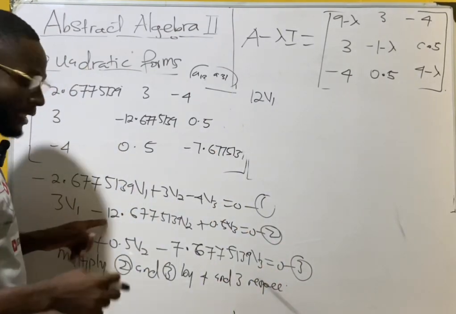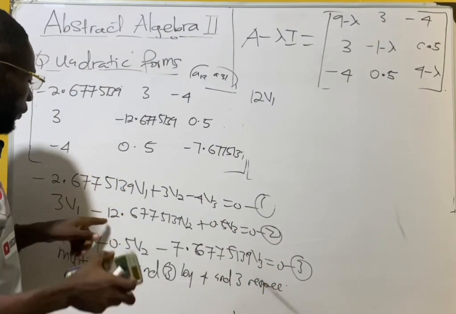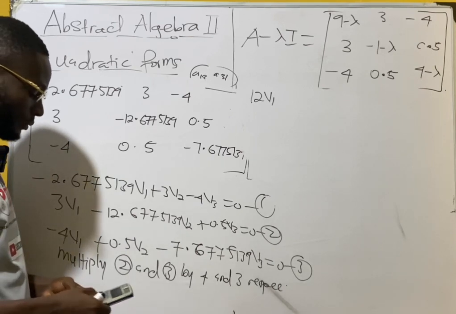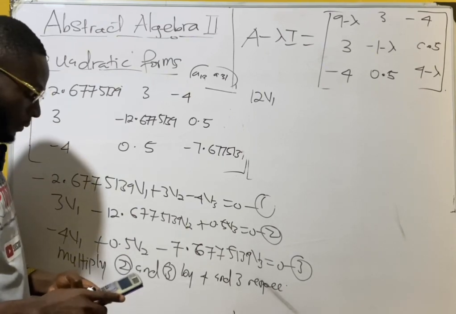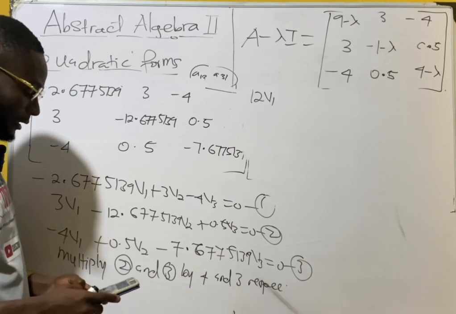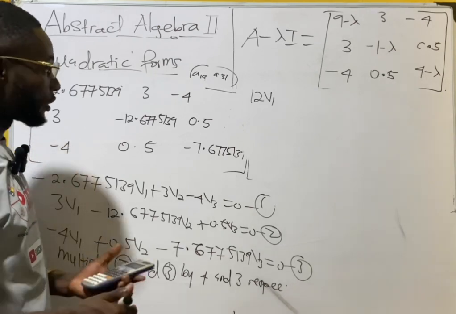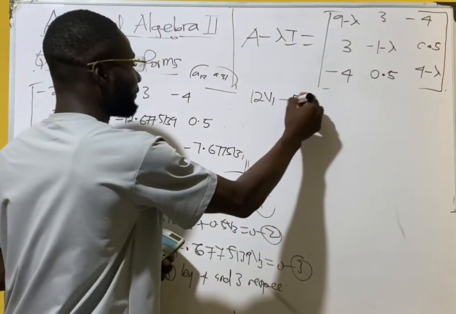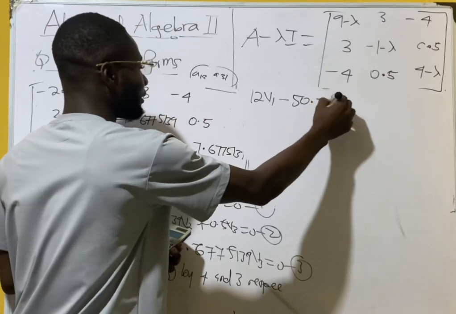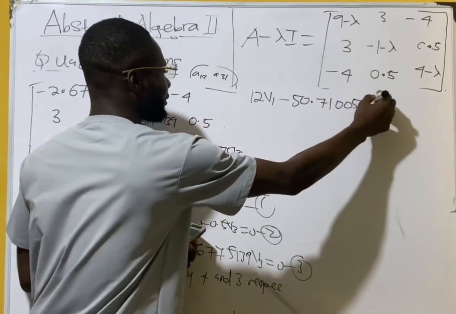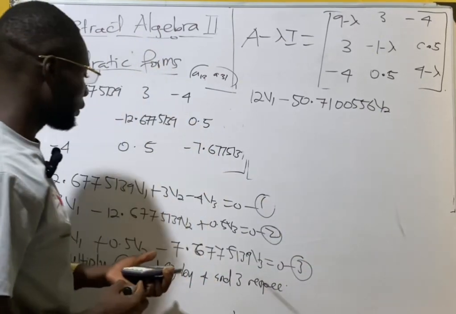So minus 12 times 4 minus 12.6775139 times 4 will give us minus 50.7100556 V2, right?